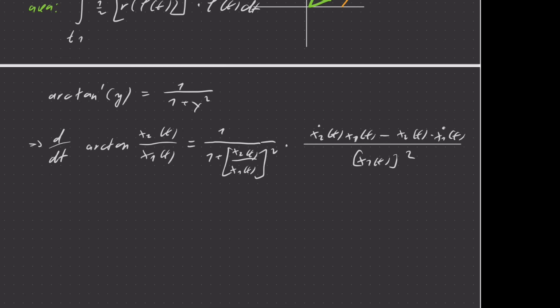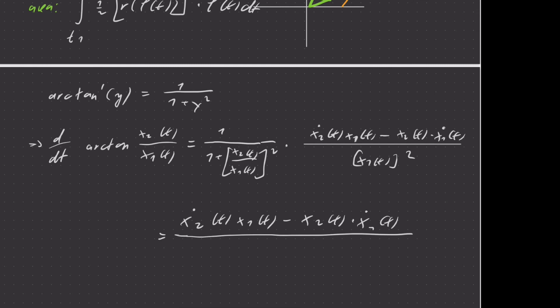And now if we simplify that just a little, that numerator can't be simplified a lot, so we are still stuck with x2 prime t x1 of t minus x2 of t x1 prime of t, but the denominator can be simplified a little. If you look at that, here we have x1 of t squared, and here we have x1 of t squared, so that cancels out. We get x1 of t squared plus x2 of t squared.